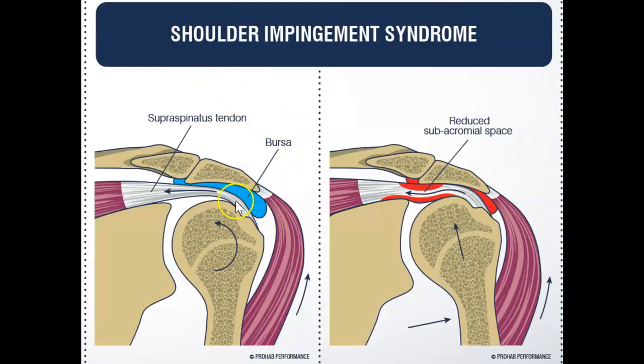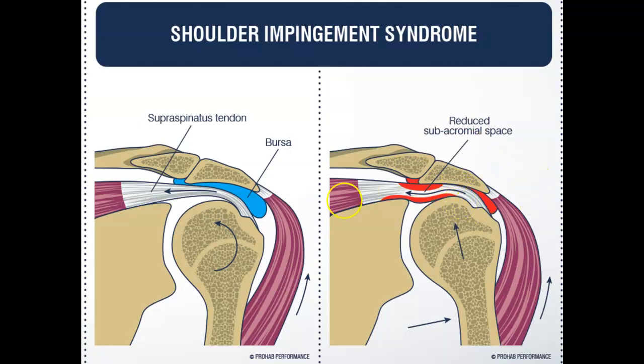Shoulder impingement syndrome. Here you can see how when the space is compromised, it's pushing up into the bursa. That's going to cause bursitis. It's also pushing up into that supraspinatus tendon. That's the one that really abducts your shoulder. That's the most commonly torn muscle when somebody has a rotator cuff issue, whether it's irritated or actually torn to the point where they need surgery.